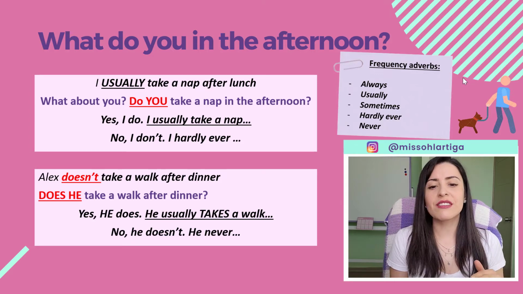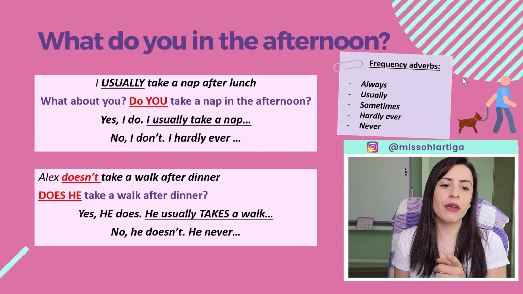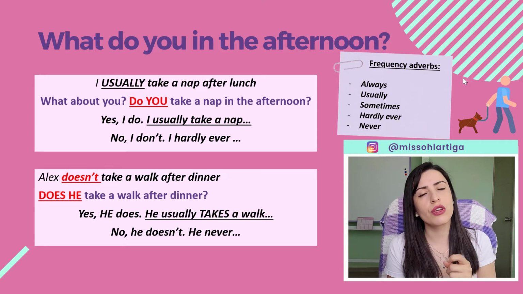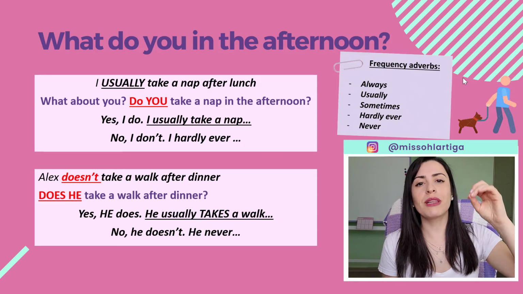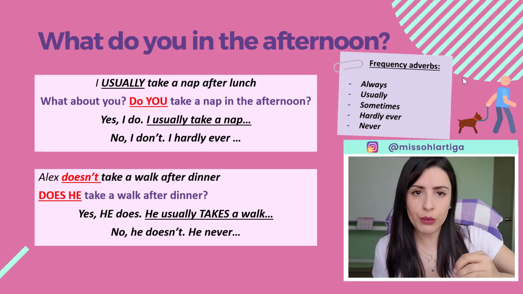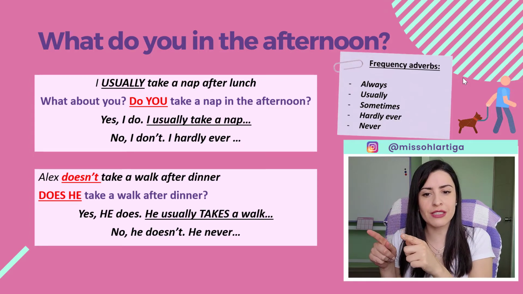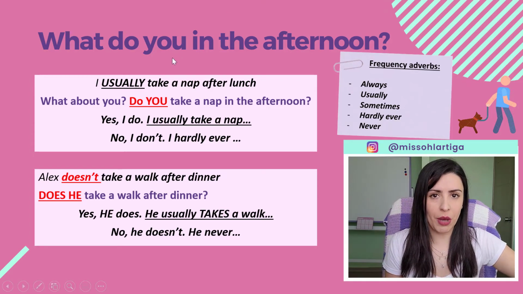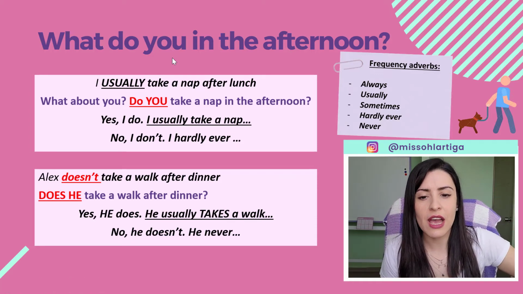Okay? So, the most important thing about this is that you should place the frequency adverb between the subject and the verb. Okay, I'm going to say it in Spanish so you can understand it.